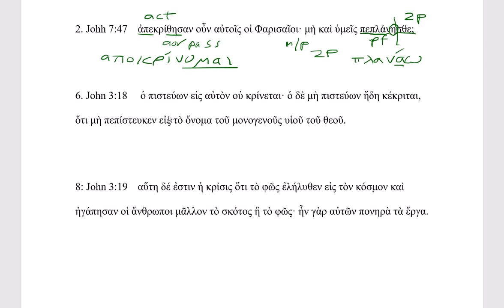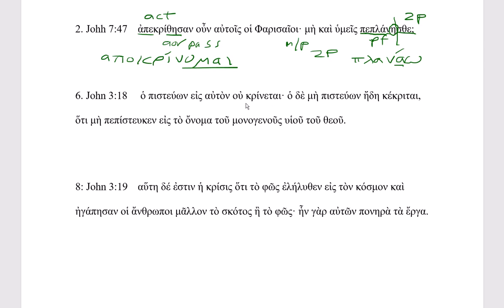All right, well-known verse, and we have not had participles yet, but this ho pisteuōn is going to be the one who believes, and we can tell it's nominative masculine singular from the definite article, and so it may be the subject of our sentence. The one who believes, eis auton, into him or in him, ou krinetai.